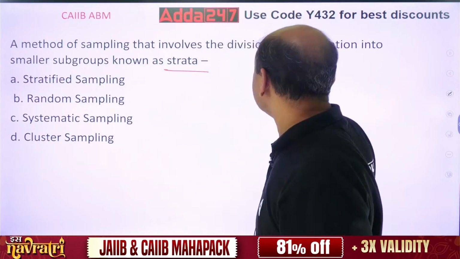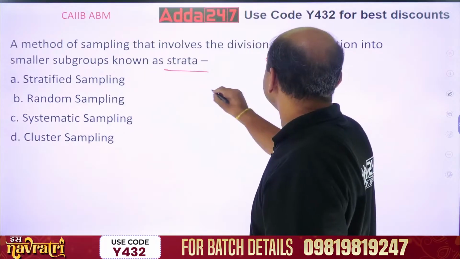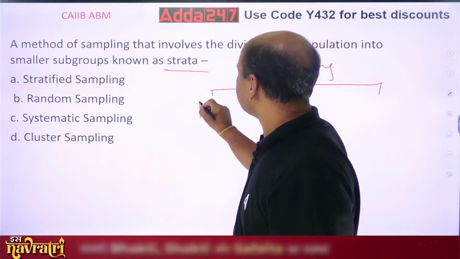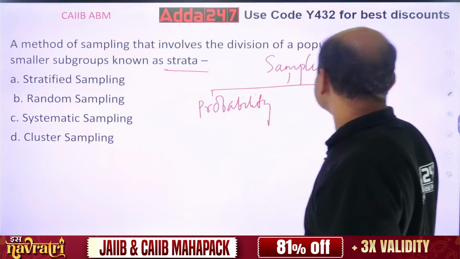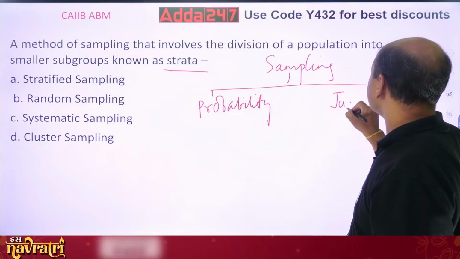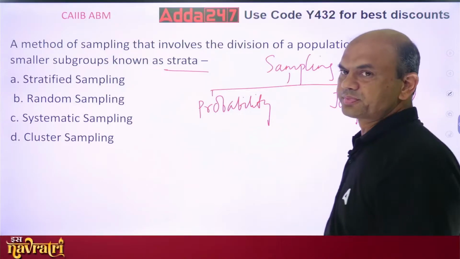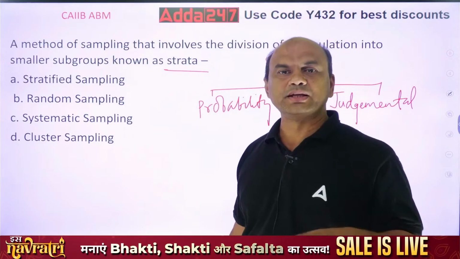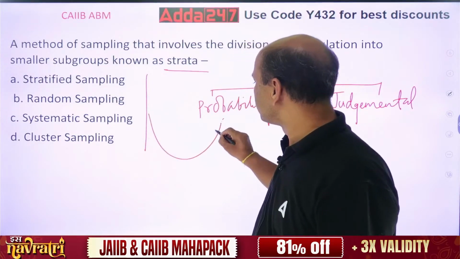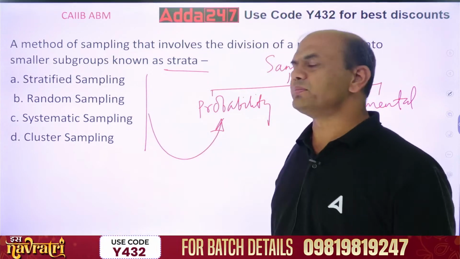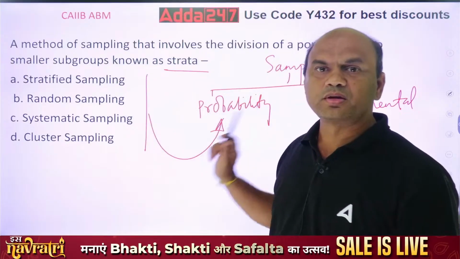Samplings are of two types: probability and judgmental or non-probability. Some books call it judgmental, some books call it non-probability. Probability sampling means everyone has got equal chance. Stratified sampling, random sampling, systematic sampling, cluster sampling, these are all the parts of probability sampling.